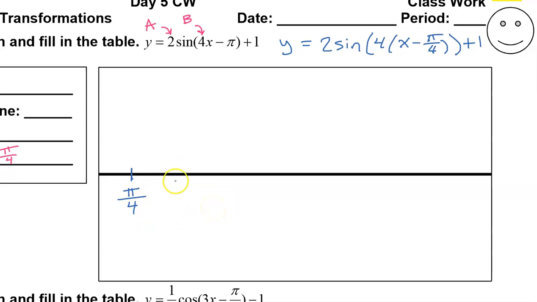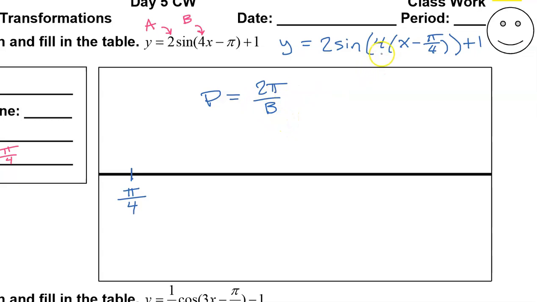Next, I need to figure out what the period is and what the quarter period is. So for the sine function, the period is usually 2 pi. But if you have a b value, then the period will be 2 pi over b.